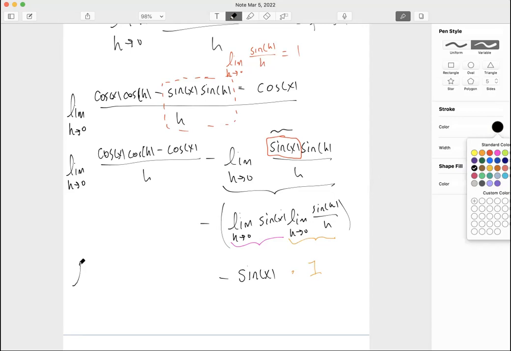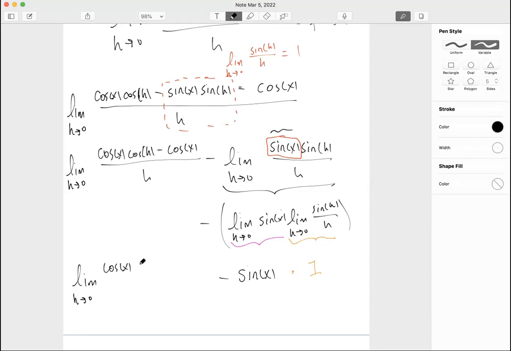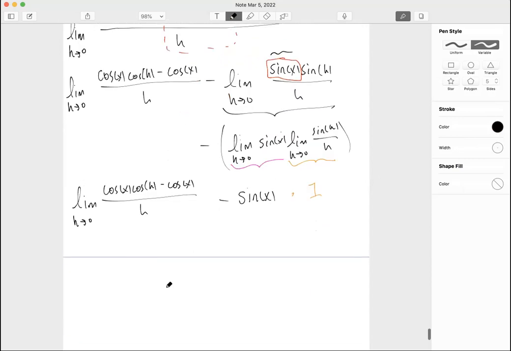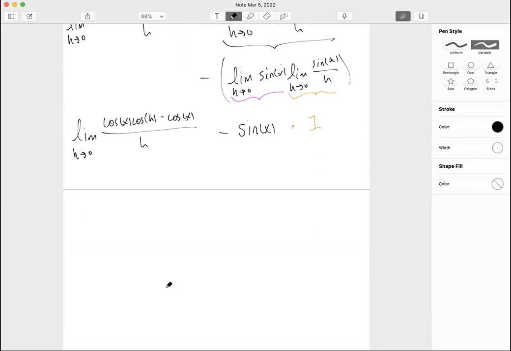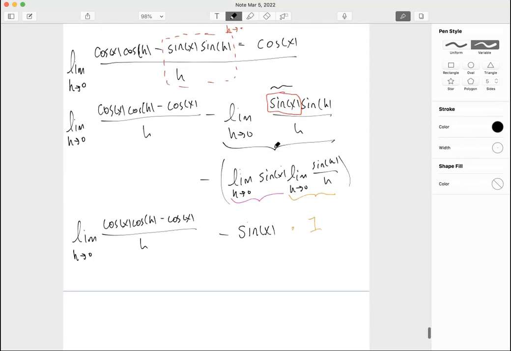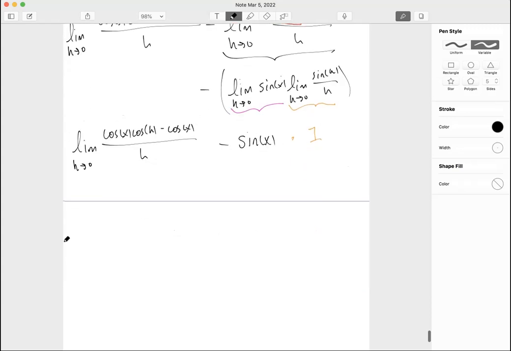So that completely takes care of that term. And then we have this limit over here. Now we can actually just focus on that. We can do the same thing that we did with sine on this side of the limit.